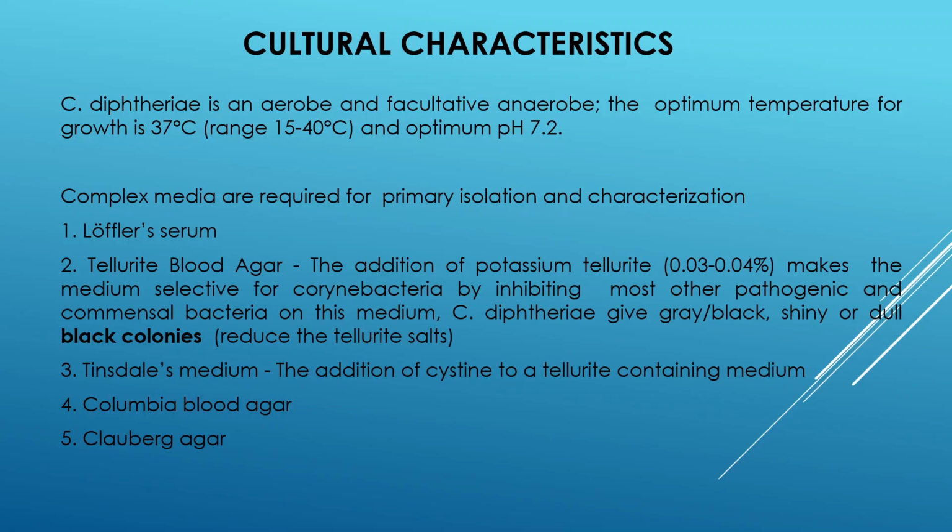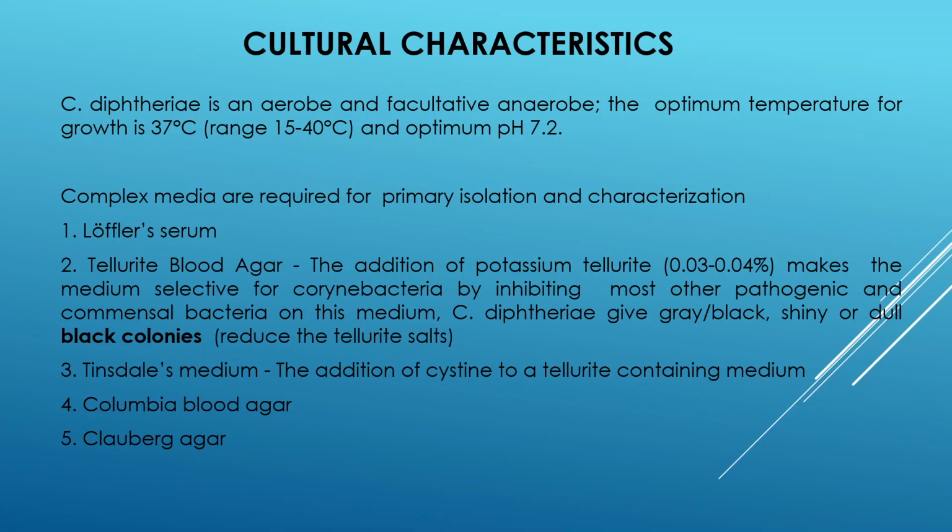For this we use Loeffler serum and tellurite blood agar. The addition of potassium tellurite makes the medium selective for Corynebacteria by inhibiting most other pathogenic and commensal bacteria. Corynebacterium diphtheriae gives gray to black, shiny or dull black colonies.